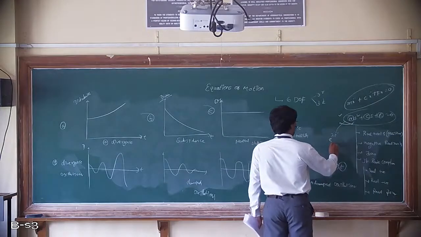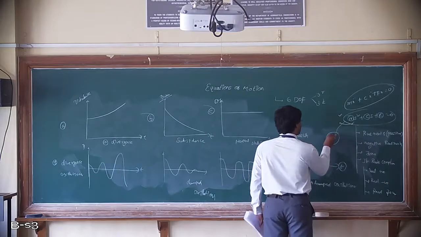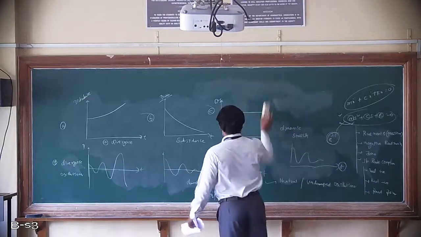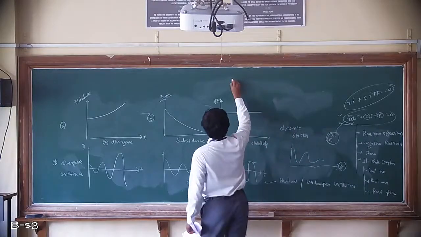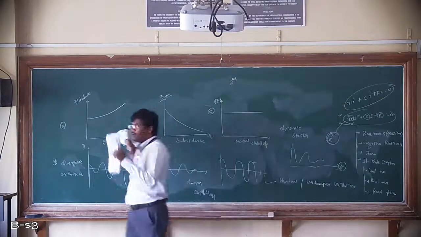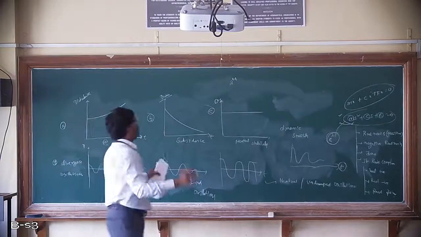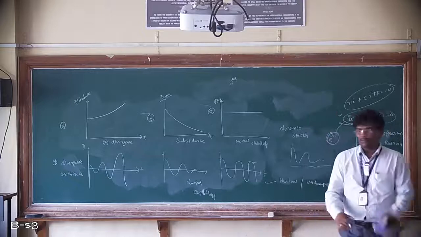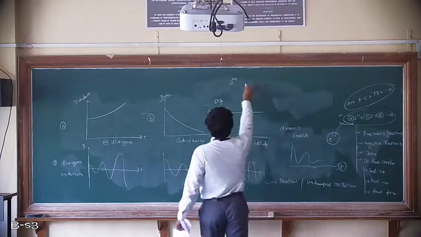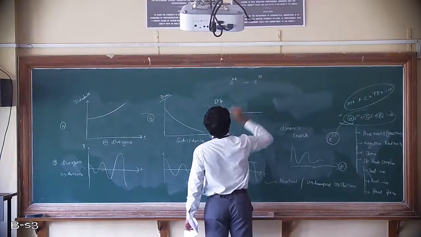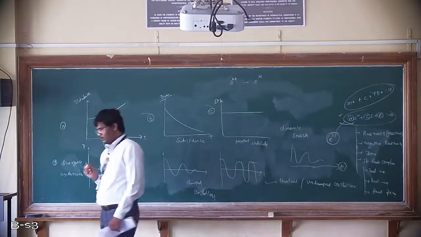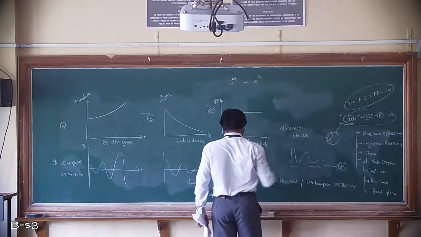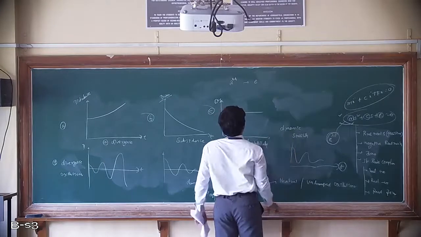From your mathematics knowledge, your solution will be probably C1 e power lambda 1 t plus C2 e power lambda 2 t. Just take simply e power lambda t. Lambda refers to the roots of the characteristic equation.